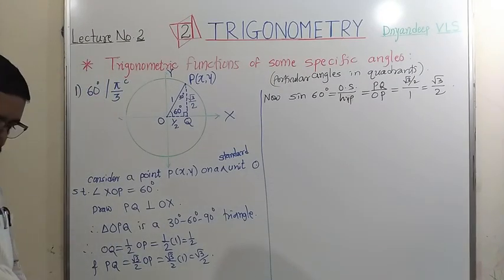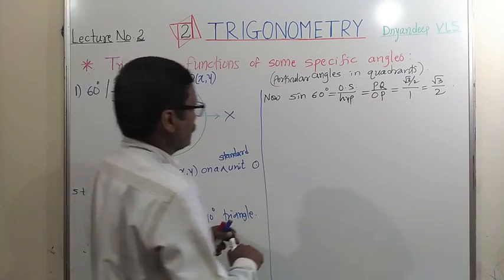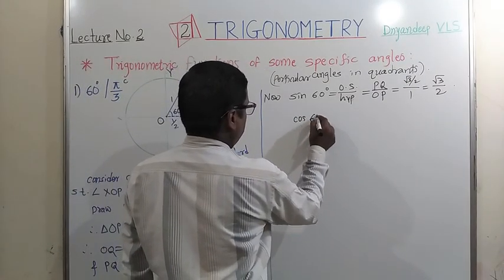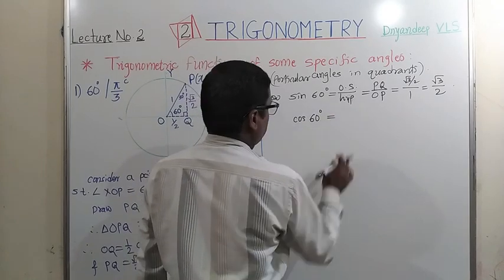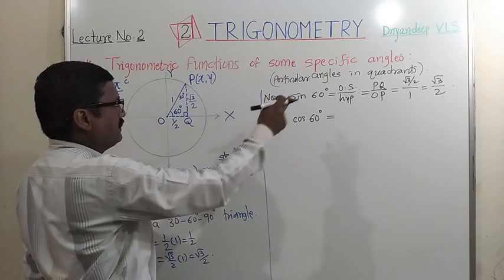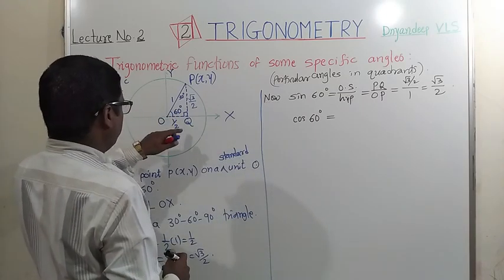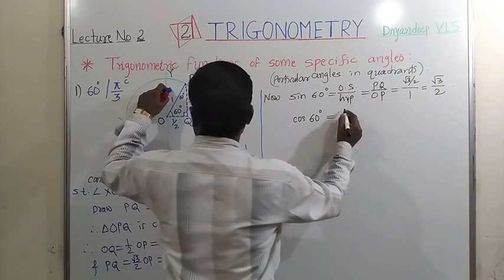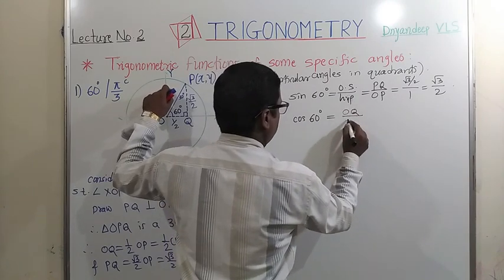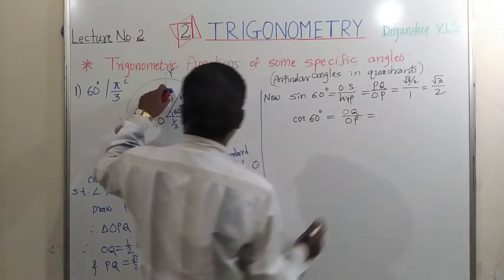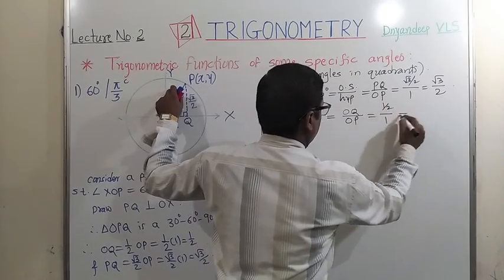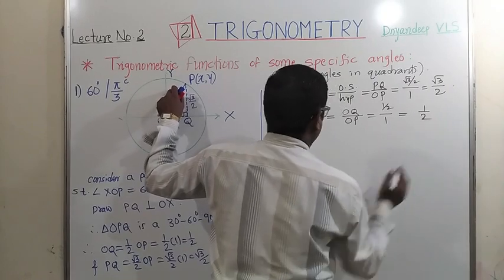Okay. Now the second one, cos 60. Now no need to write always opposite side upon hypotenuse, you can write directly the sides. Here cos 60 is adjacent upon hypotenuse, so adjacent side is OQ upon hypotenuse OP, so it is equal to half upon 1, so it is equal to half.